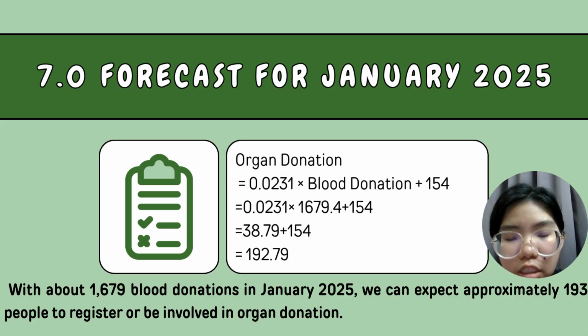Plugging that into the equation, we get 192.79. So based on the data, with about 1,679 blood donations in January 2025, we can expect approximately 193 people to register or be involved in organ donation.